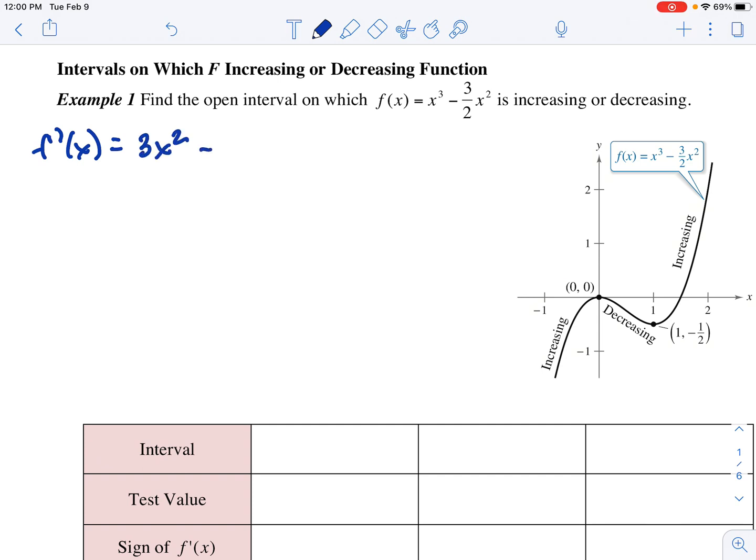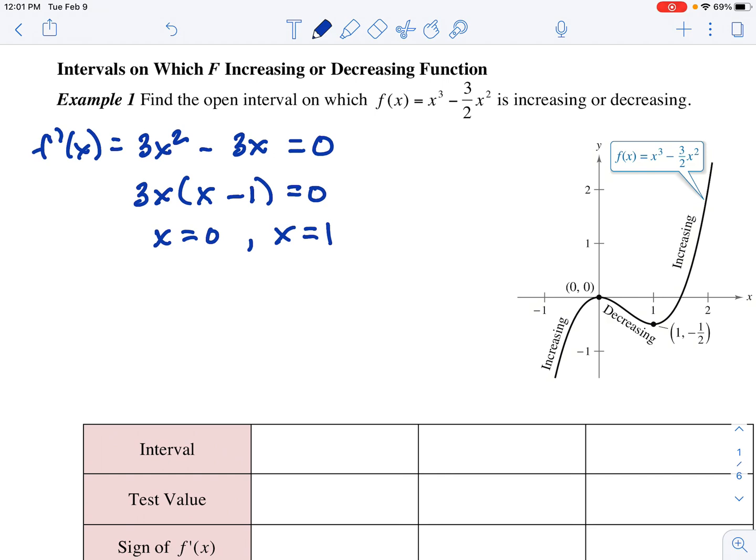That thing will come down, that's just 3x. And we'll set this equal to 0. So 3x, we're left with x minus 1 equals 0. x equals 0, x equals 1.